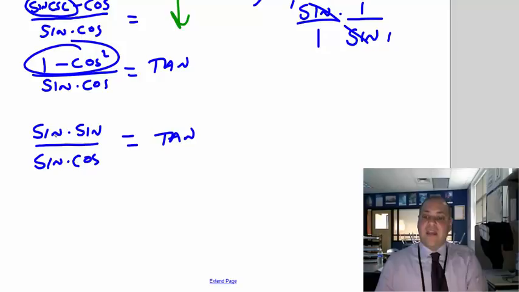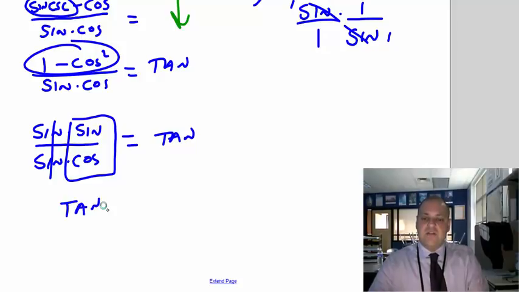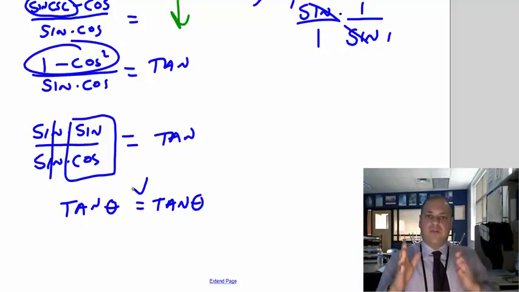Sine squared is sine sine. Sines cancel. I'm left with sine over cos, and sine over cos by definition is tangent. So tan theta equals tan theta, and I have shown why. I have progressively shown why the left side equals the right side.